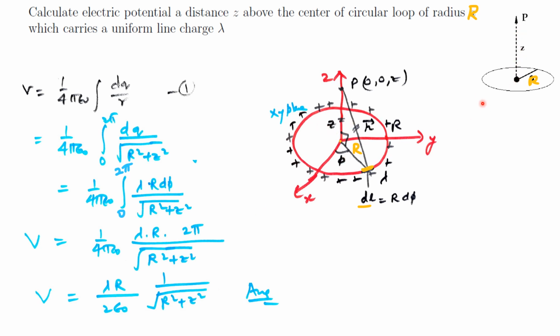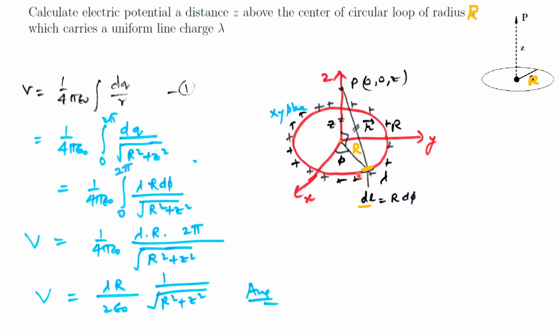This loop is in the xy plane, and we have to find the potential at height z. So the coordinates are 0, 0, z for this point P.